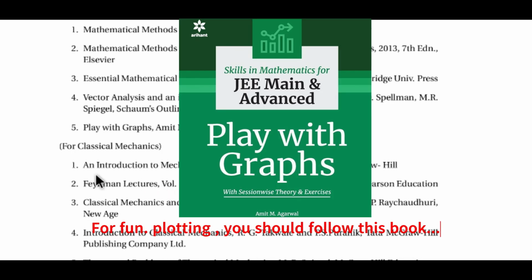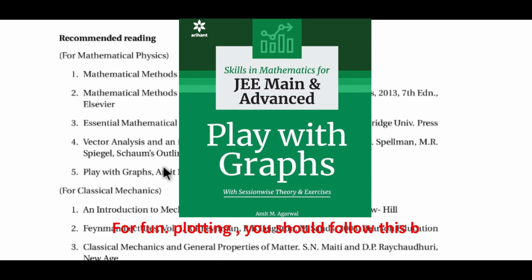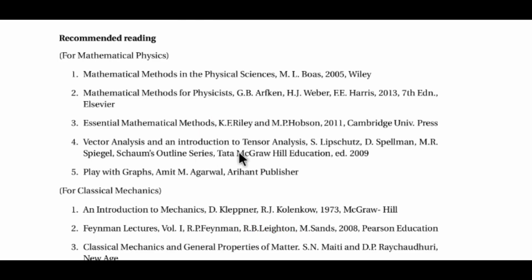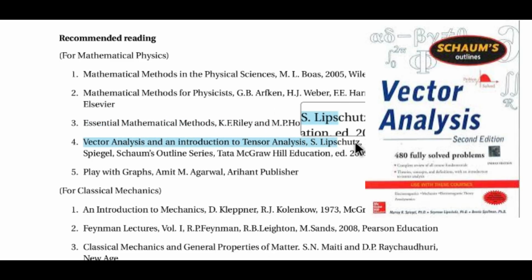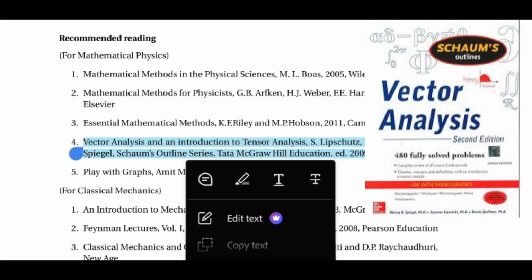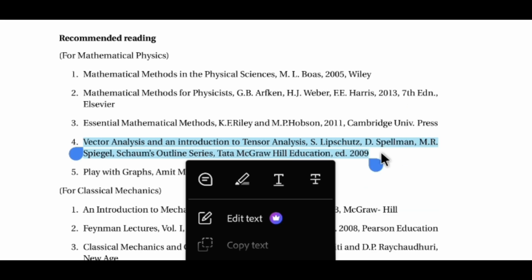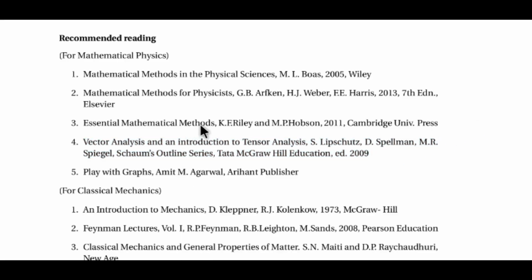For mathematical physics the book is Vector Analysis and an Introduction to Tensor Analysis. This is the best book for the vector part. But for ordinary differential equations, Stokes theorem, Green's theorem, you can follow H.K. Das.